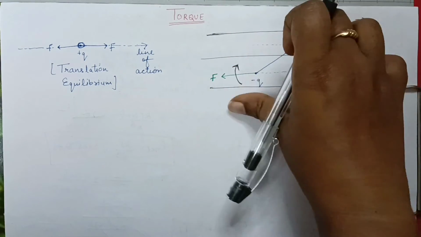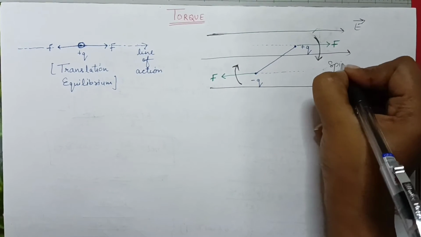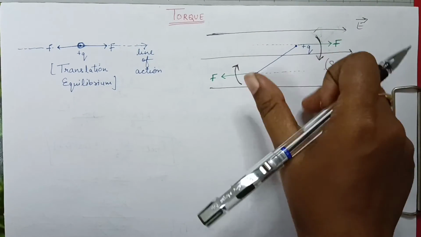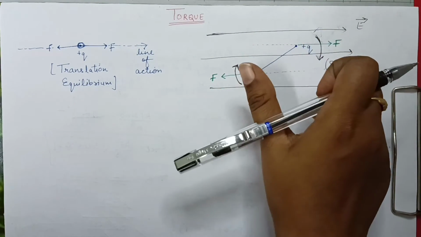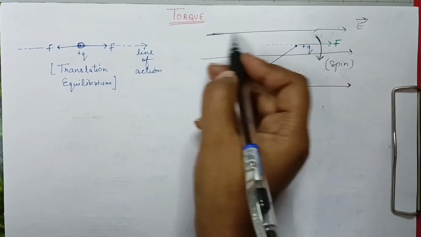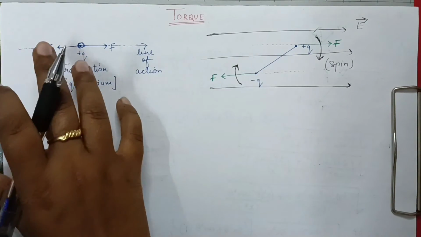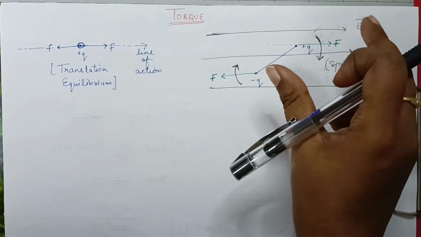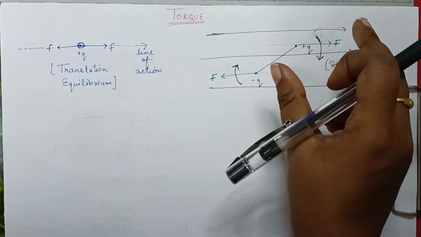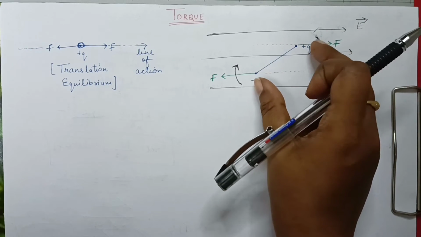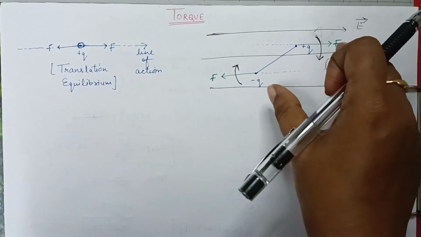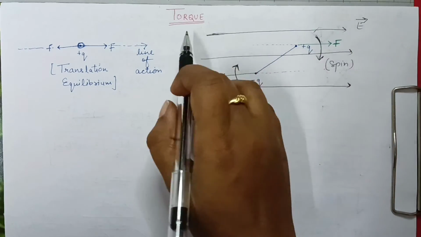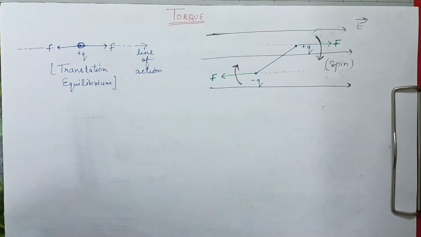It will start to spin. This type of force due to which spinning happens is known as torque. Two equal and opposite forces having different lines of action, acting on these charges or on this dipole, cause a spinning motion of this dipole. These types of forces are known as torque.